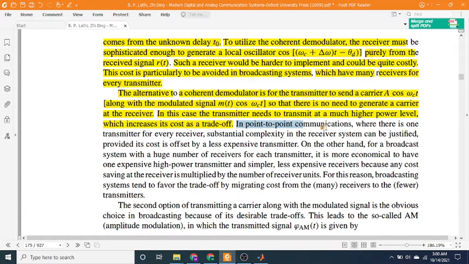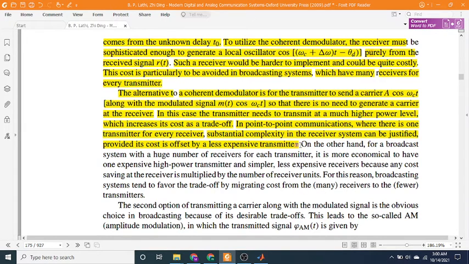In point-to-point communications, where there is one transmitter for every receiver, substantial complexity in the receiver system can be justified, provided its cost is offset by a less expensive transmitter.